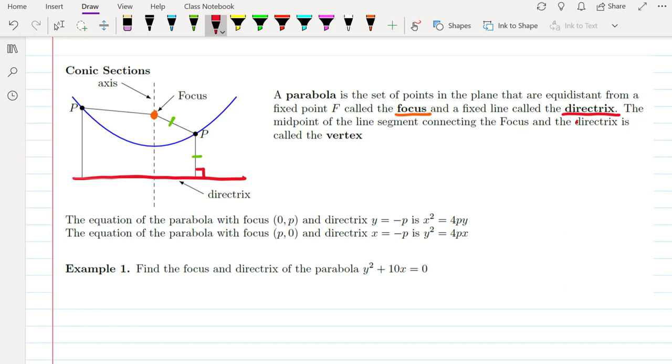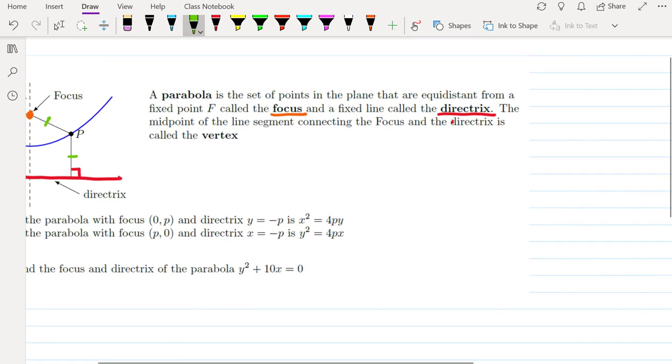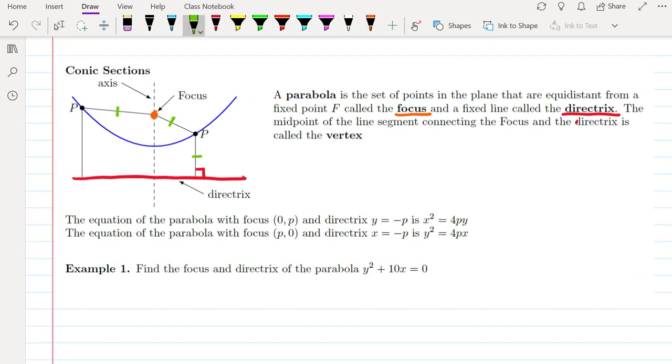So for any given point, we have another one over here, and this line segment would be the same as the length of this dashed line segment here. So that's our geometric definition of a parabola.